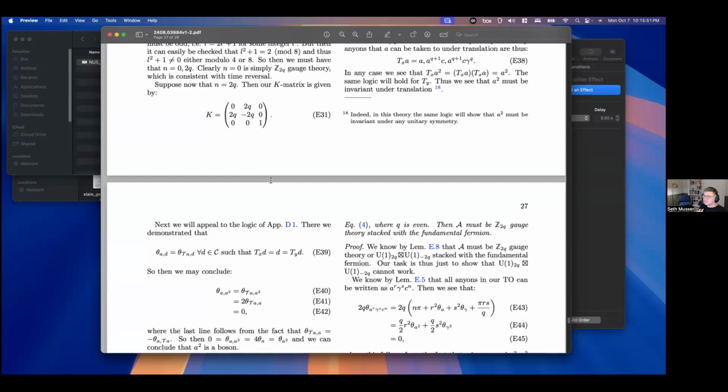And if you just require that translation doesn't change the U1 charge and the topological spin, you'll see that basically every single anyon cannot be permuted by translation. So in this unique theory, the anyons are mapped to themselves under translation. But this doesn't answer the question whether translation and time reversal commute.